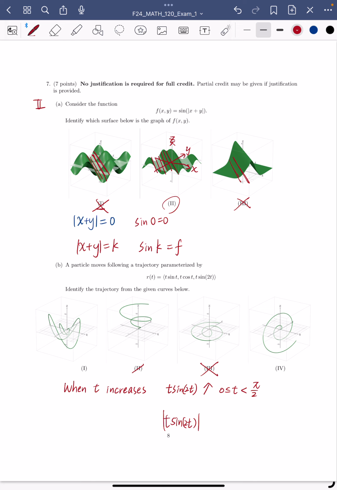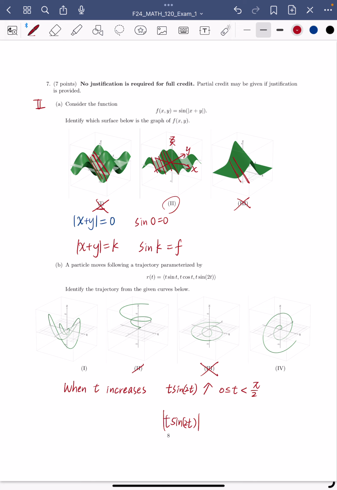What about the fourth one? Okay, it looks to me that it has positive z's and negative z's. We can really tell from the information of the positivity of z's.